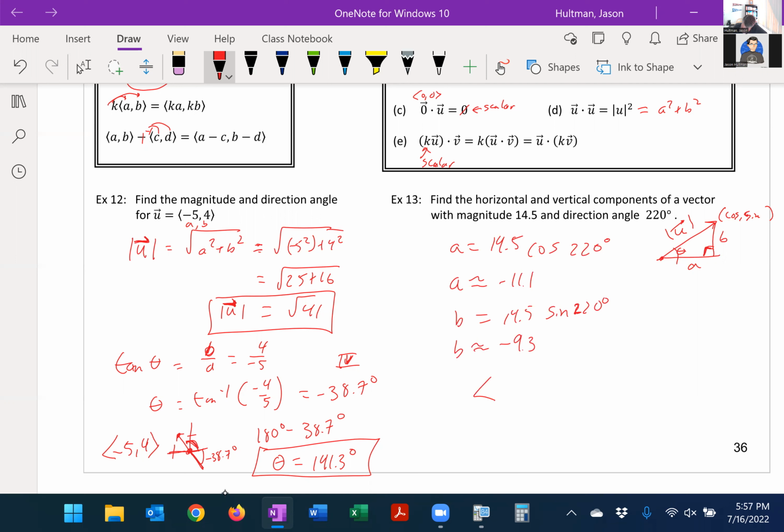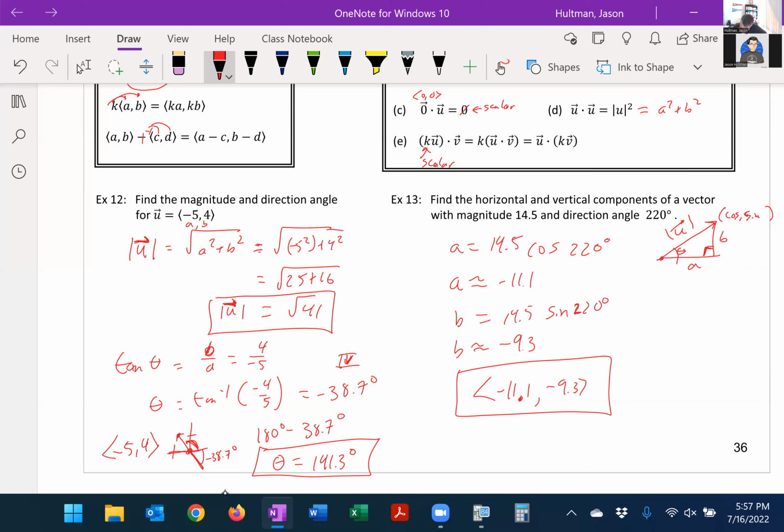And so what would be my vector? My vector in component form would be negative 11.1 and negative 9.3, which is in the third quadrant. Everything's negative, negative.